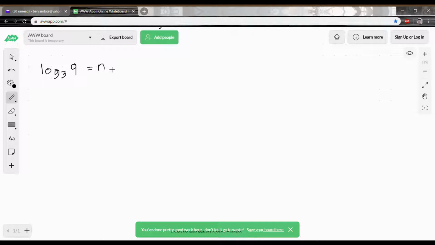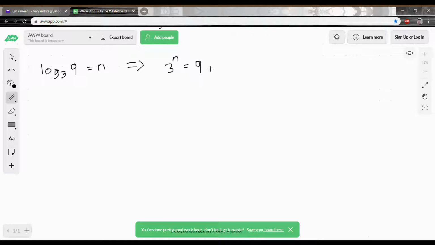So what we're going to do is convert this to exponential form and then solve. So converting this to exponential form, our logarithm's base is 3, which means we're going to convert this to have a base of 3 raised to our exponent n and set it equal to the only other number, 9.